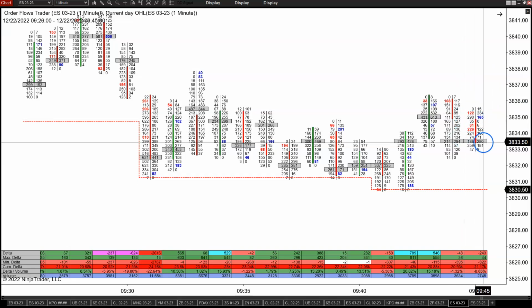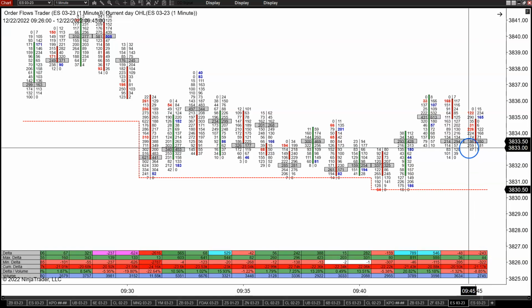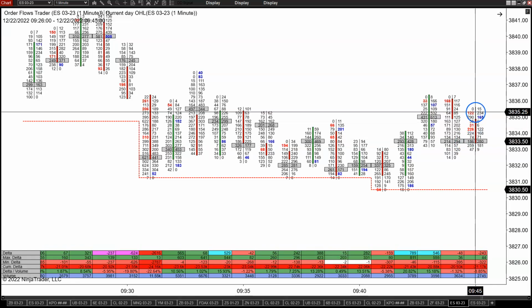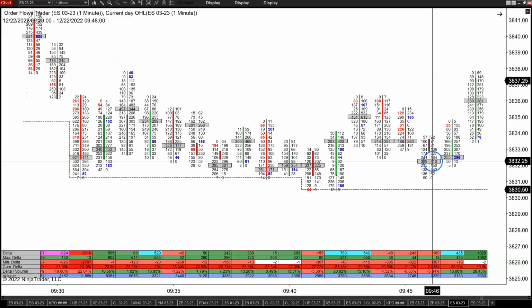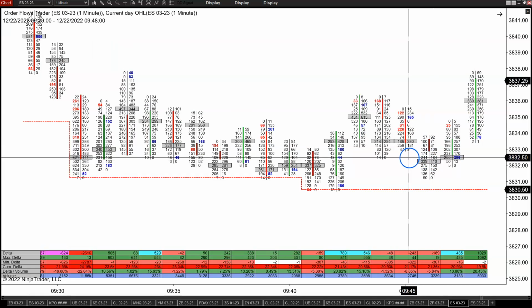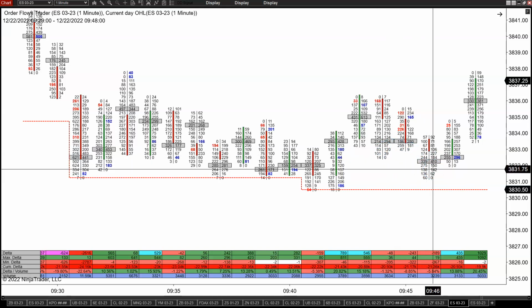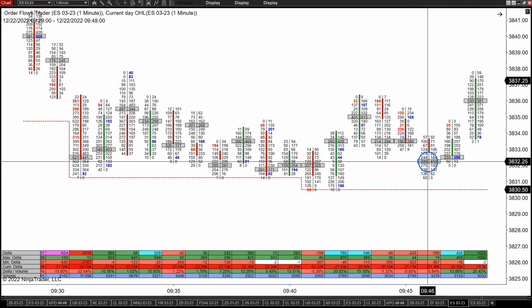Then you get another inside bar here, right? Negative delta stronger, point of control at the same level, right? So it's not moving up, it's not necessarily moving down, so it's not really giving you any signs one way or the other. And then it goes lower here. So you got this three bars of bearish information, right? You got the selling imbalances here, the two point of controls, and you're trading lower.